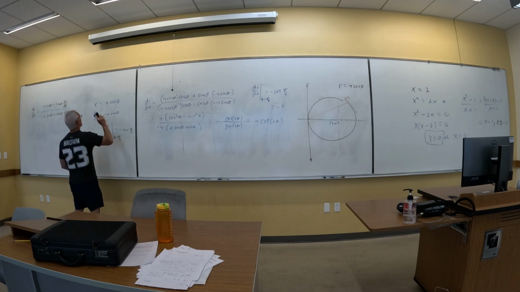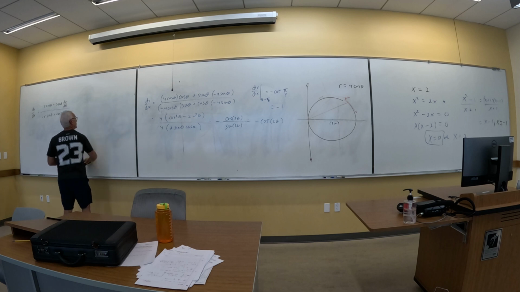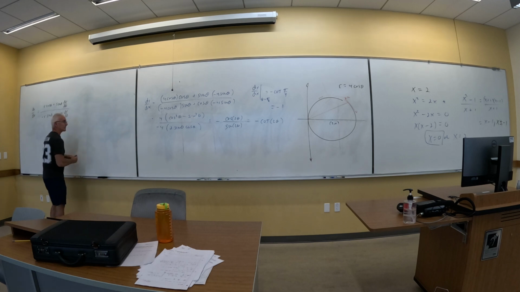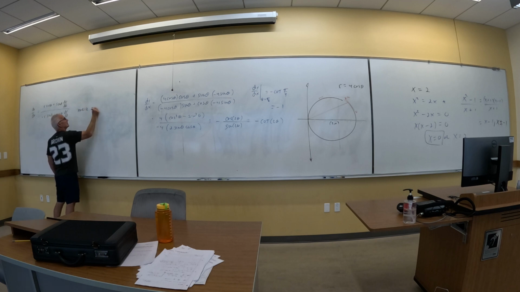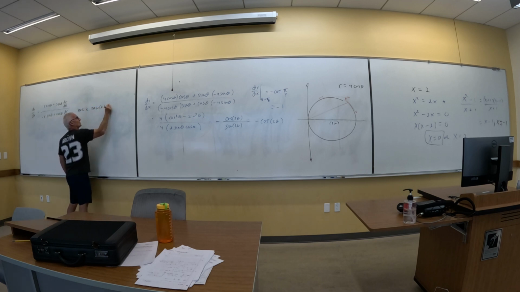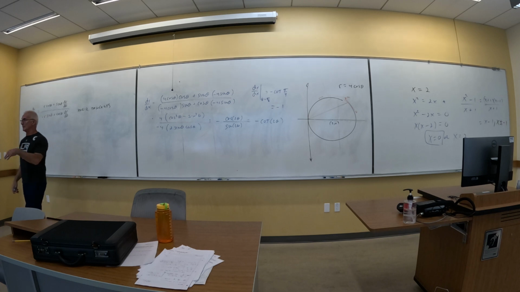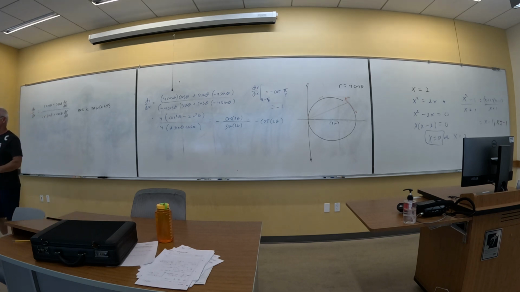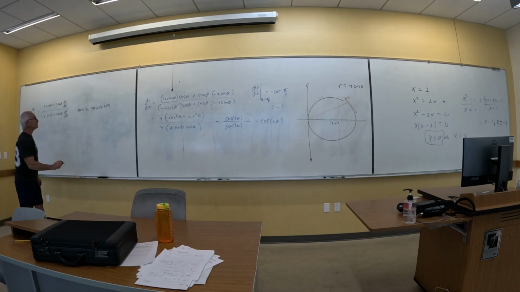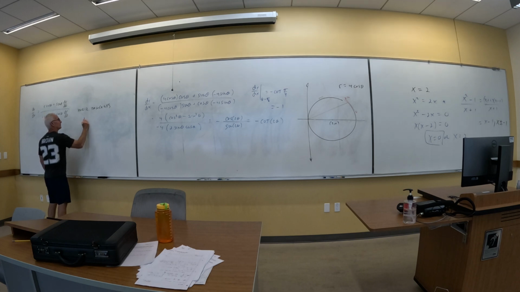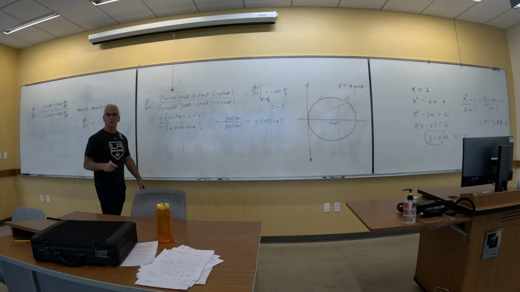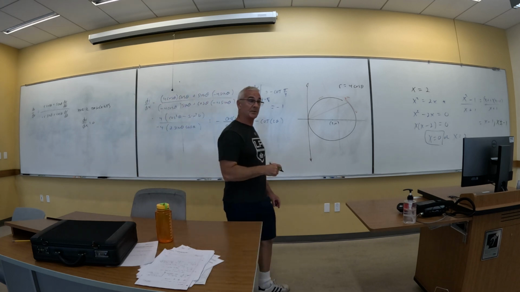Let me erase this. But I would like to know where the horizontal and the vertical tangents are. So, well, the horizontal tangents will be wherever the derivative is 0. Agreed? So I need the derivative to equal 0. Well, a quotient can only equal 0 where the numerator is 0.